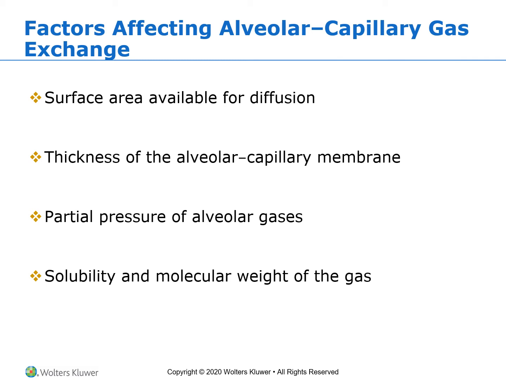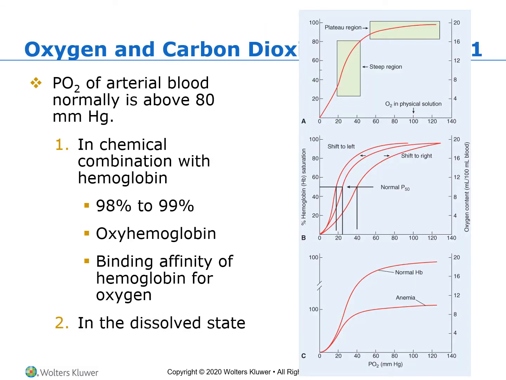Also how thick the alveolar capillary membrane is, the partial pressure of the gases, and the solubility of those gases and how they can diffuse. When we talk about oxygen and carbon dioxide transport, there are some elements that contribute, and typically they have a normal value.